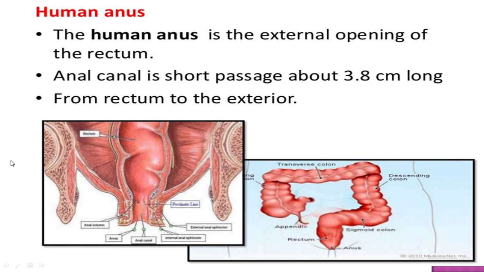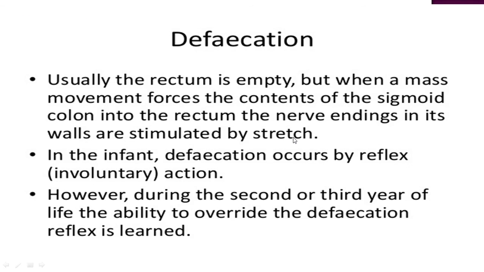Human anus. So we are going to learn about the anus. The human anus is an external opening of the rectum. The anal canal is a short passage about 3.8 centimeters long from the rectum to the exterior.